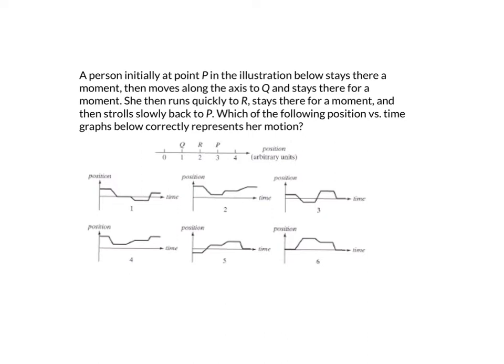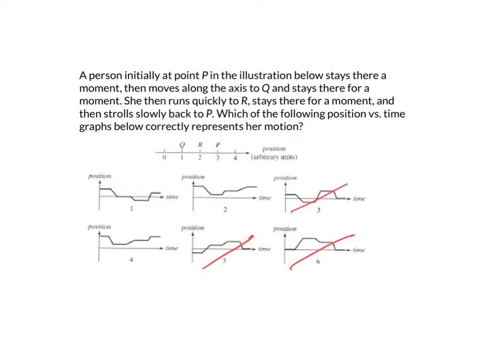From that description, clearly choices 5 and 6 are going to be ruled out, and choice 3 is not looking so good either, because the position at time 0 in choice 3 is not as big as it gets. So we're going to rule out choices 6, 5, and 3, just on the basis of that one bit of information.